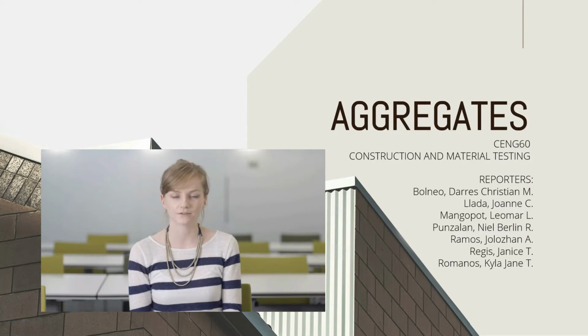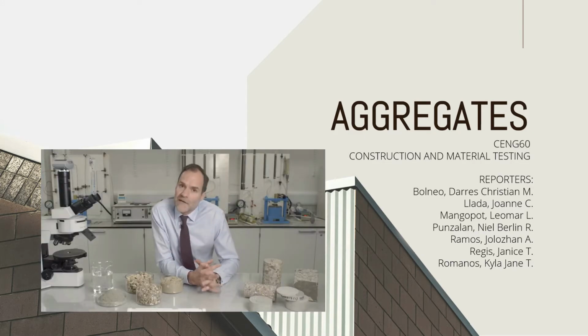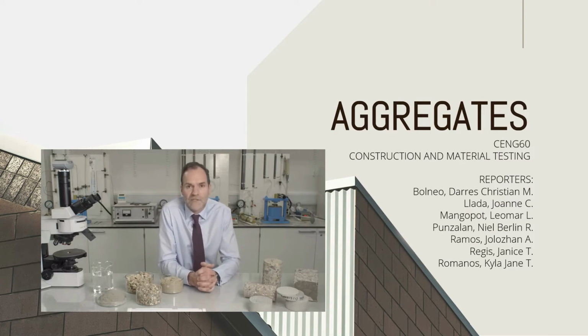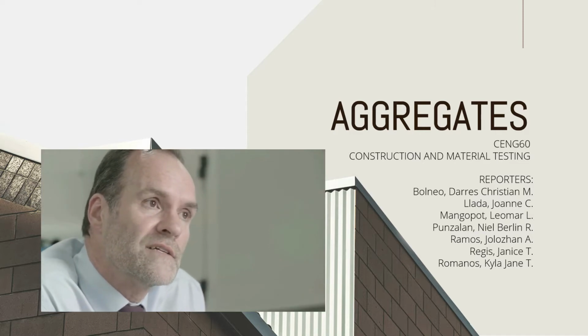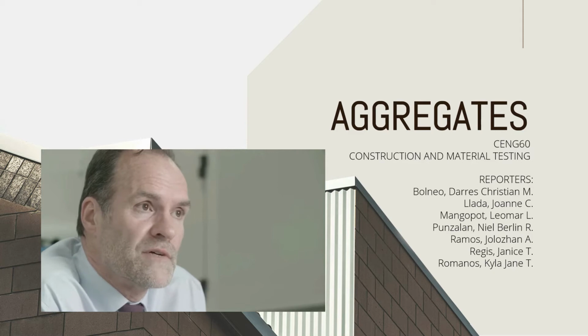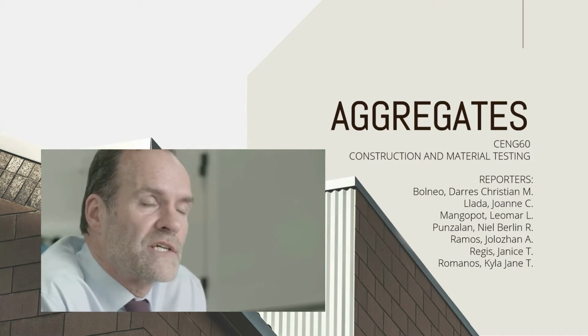So what's the point of the aggregate? That's a good question. The cement paste acts as a glue to hold the particles of aggregate together. Aggregate's just as strong as cement paste and is far less expensive, and so we use concrete rather than cement paste on its own.